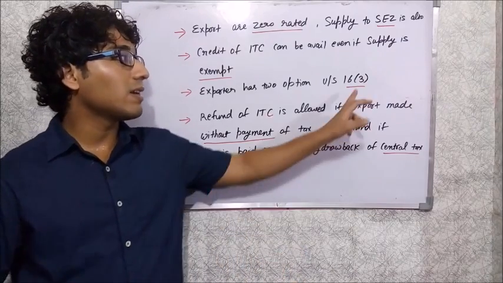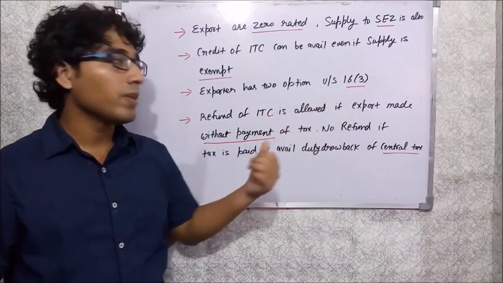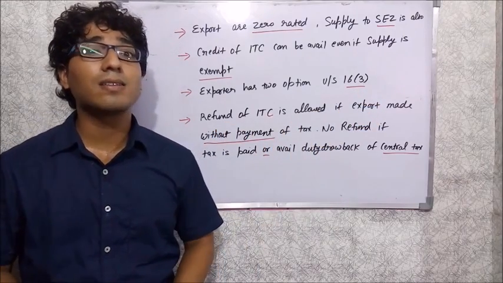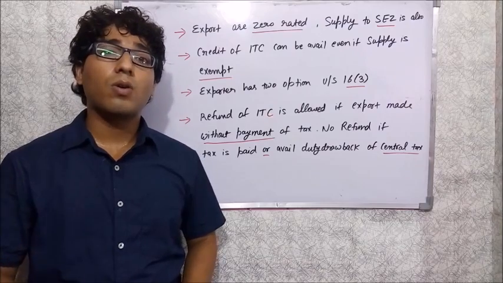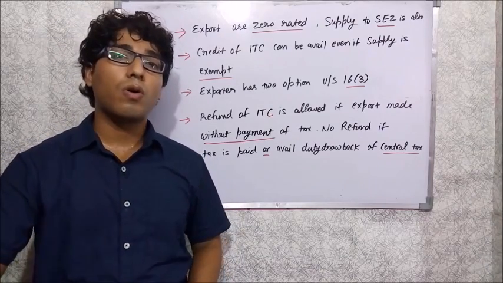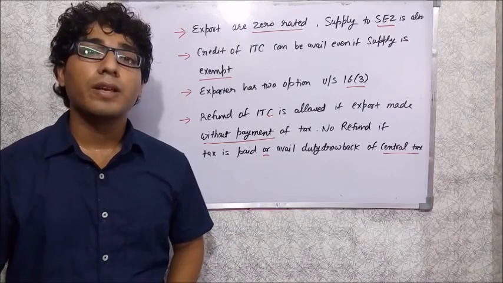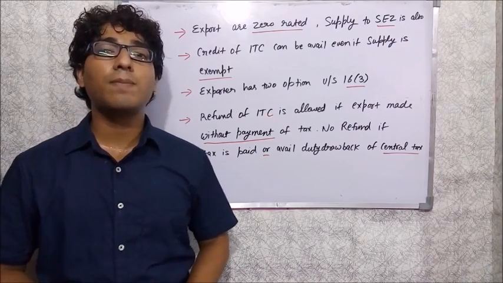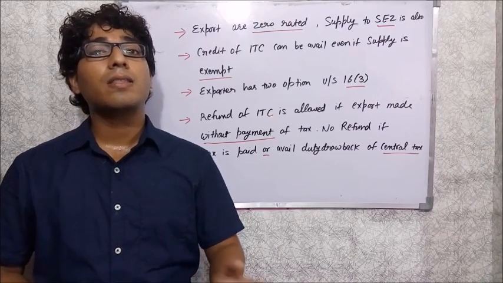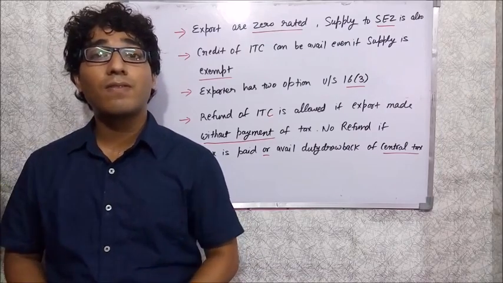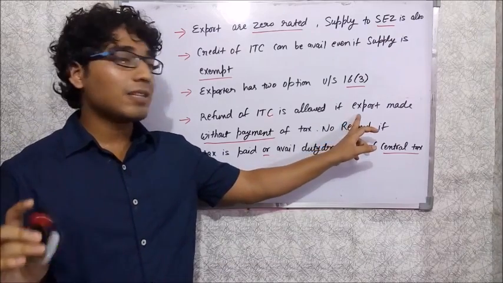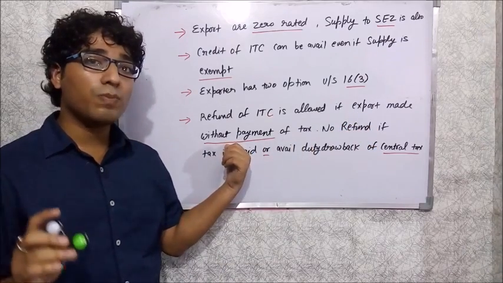Two options are there under section 16 subsection number 3, and then section 15 subsection number 3 of the CGST Act talks about the refund of input tax credit which is used for manufacturing or for exporting the goods out of India. It says that you can take the refund of the unutilized input tax credit which is there in your books of account if the export made is without payment of taxes.